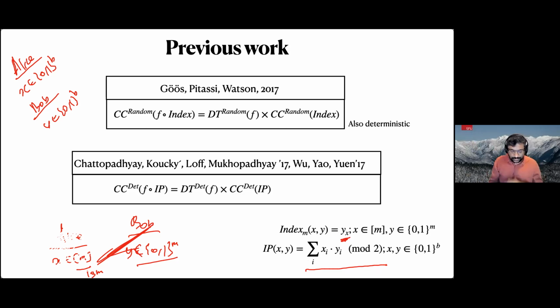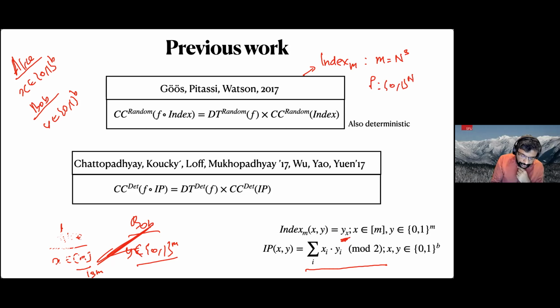And yeah, so what is the catch here? The catch is that for these lifting theorems to work, the size of the gadget has to be quite large in terms of the input length of f. So these results actually work for an index gadget on m bits, where m is some large polynomial in n, where f is an n-bit function.